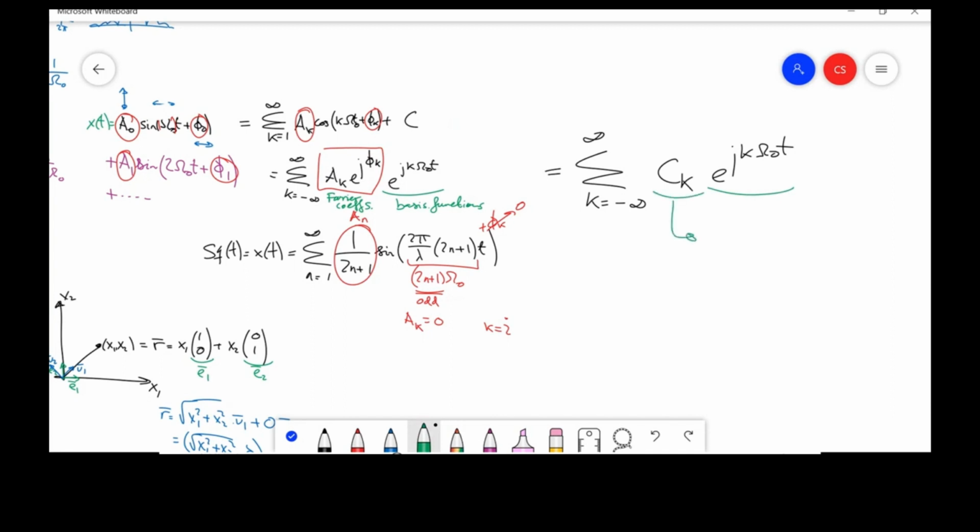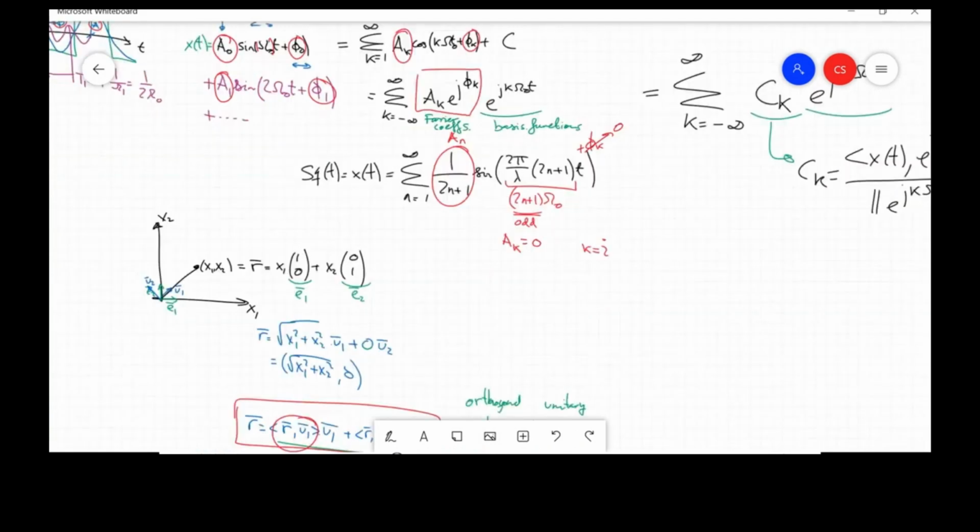What are my coefficients? My coefficients will be the inner product of your signal x with this thing, divided by its norm. And it is exactly the same that we were doing with vectors.